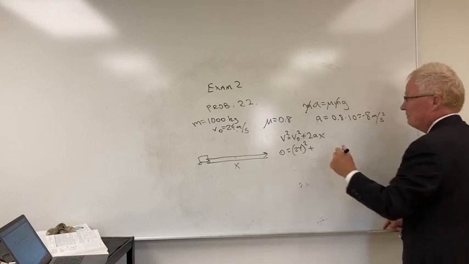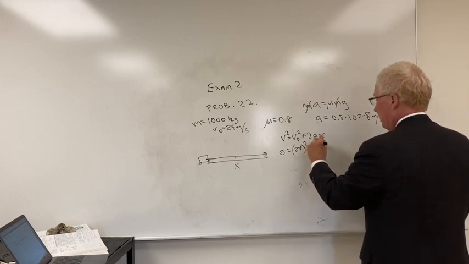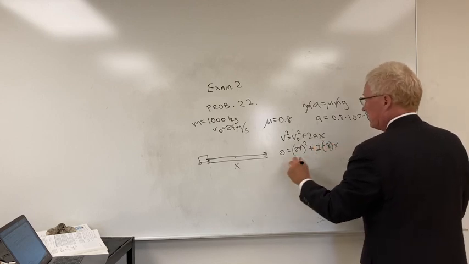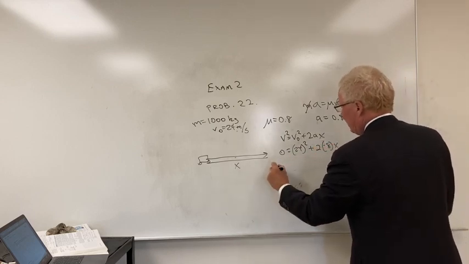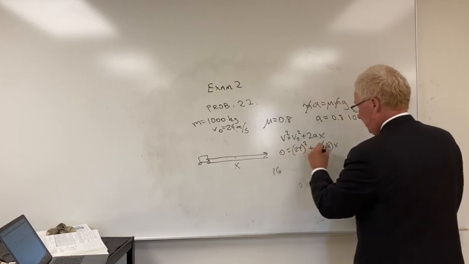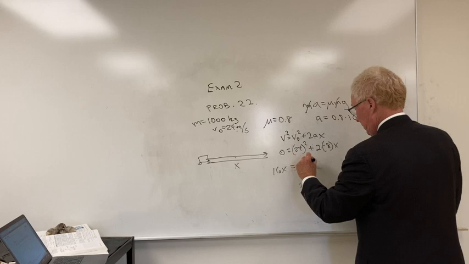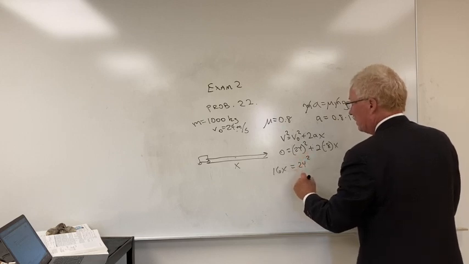It's opposite. So that would be 2 times minus 8 times x. That would be 16x, putting that on the other side, equals 24 squared.